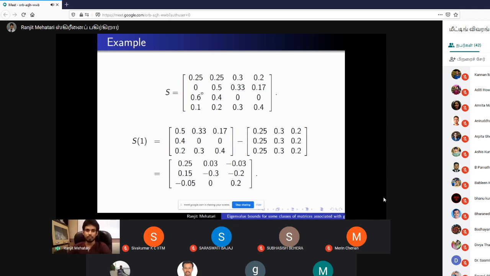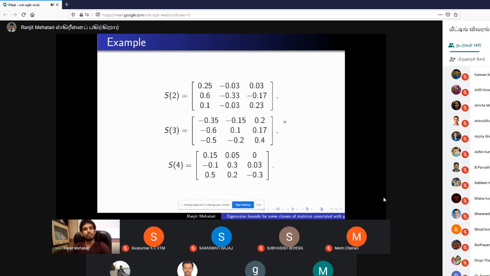We take the principal submatrix obtained by deleting the first row and first column, and subtract a matrix with each row equal to the entries 0.25, 0.3, 0.2, which come from the first row with its first element deleted. After subtraction, we get our S1. Similarly, we can find S2, S3, and S4.